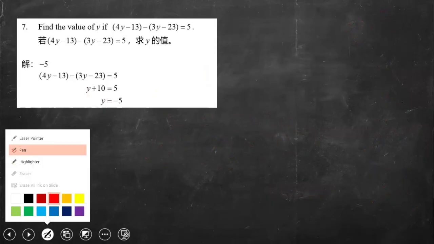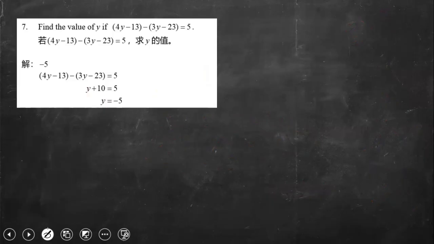Okay, number 7. Find the value of y if we have this equation. So we rewrite it here, and then we get rid of the parentheses because they're a bit confusing, right? So let me rewrite it.